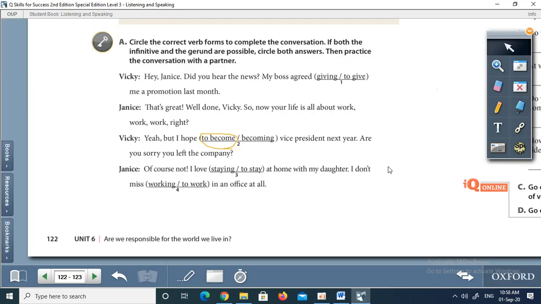So, because agree can only go with the infinitive, we will circle the infinitive. If you look at number 2, yeah, but I hope to become the infinitive, or becoming the gerund, our main verb here is hope.